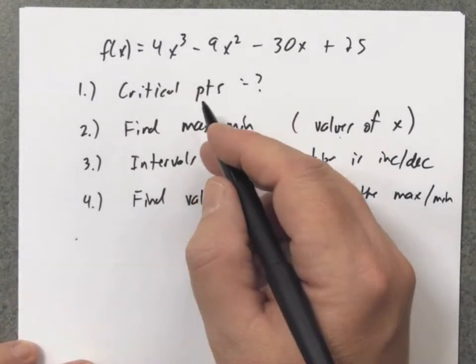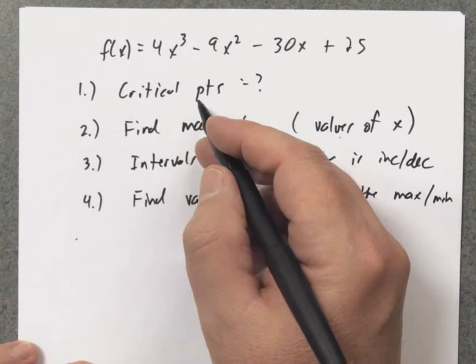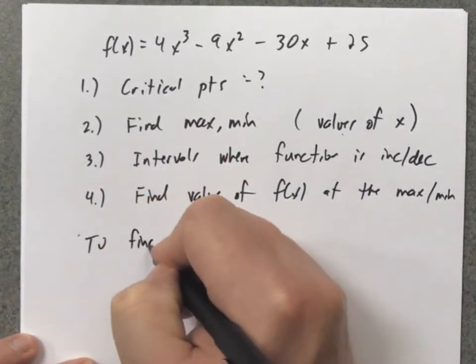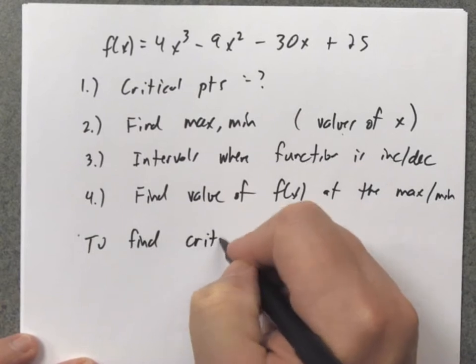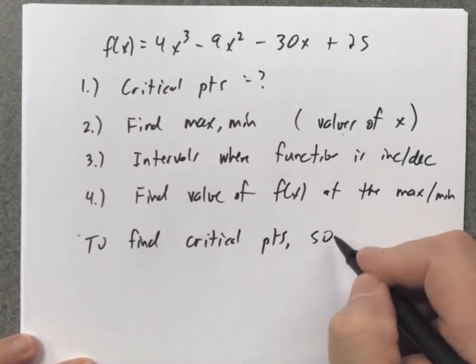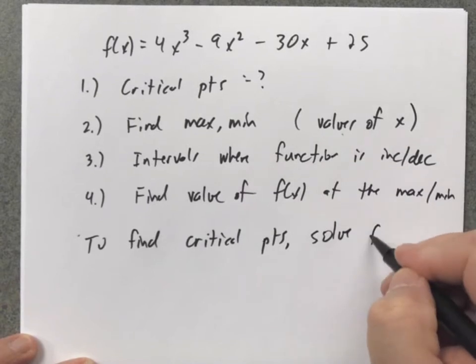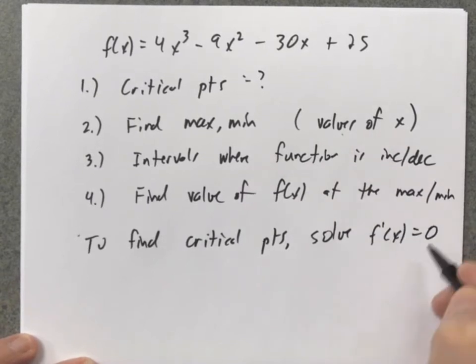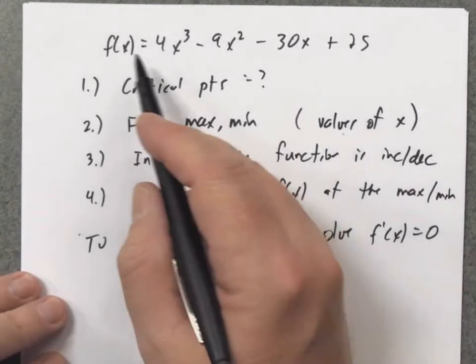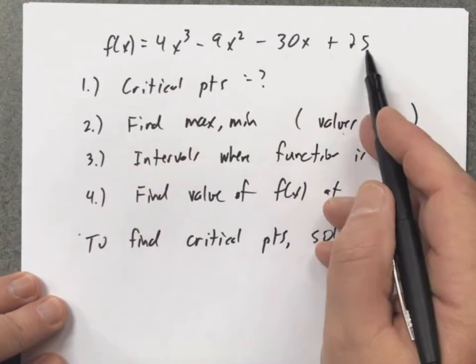First step, the first thing you always do is find your critical points. To find critical points, solve the first derivative equal to 0. So obviously, how do we do this? The first step is, here's our function.